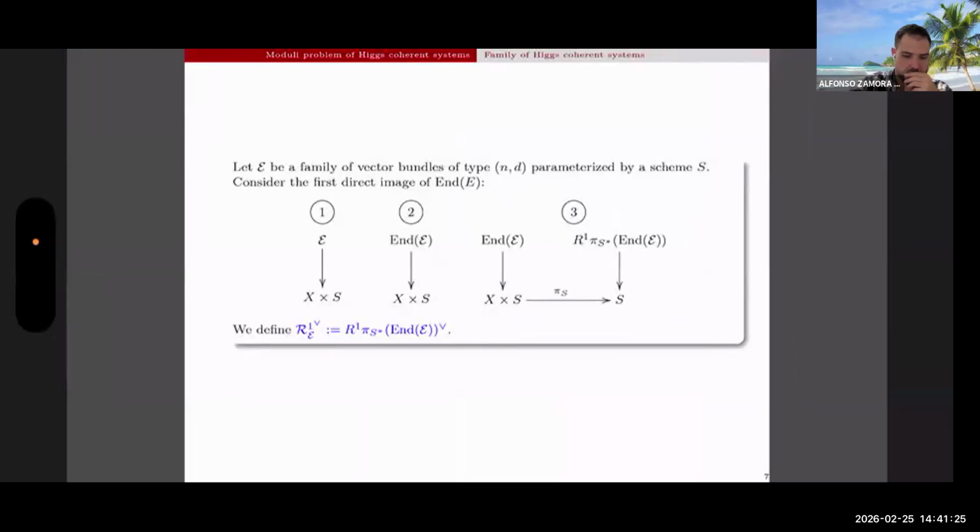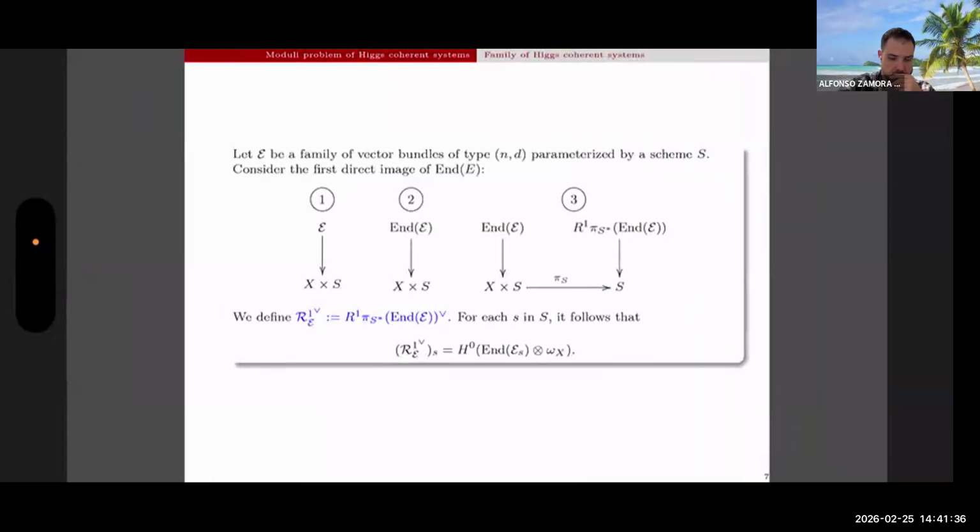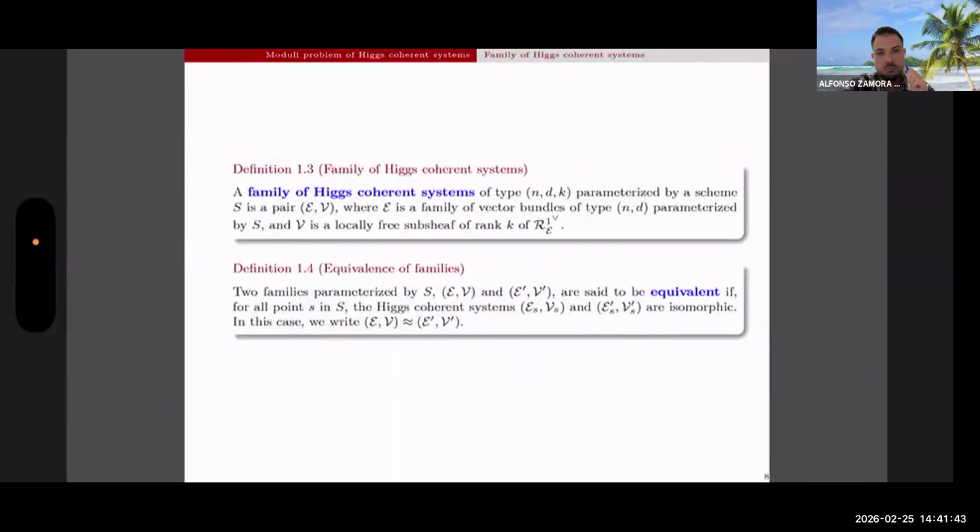This sheaf is constructed using the family of vector bundles and the first direct image with respect to the projection to the second factor. And we consider this sheaf because its fibers are exactly the space of Higgs fields. So a family is defined as a pair (E, B), where E is a family of vector bundles of fixed type, and B is a subbundle of rank k of this associated sheaf.